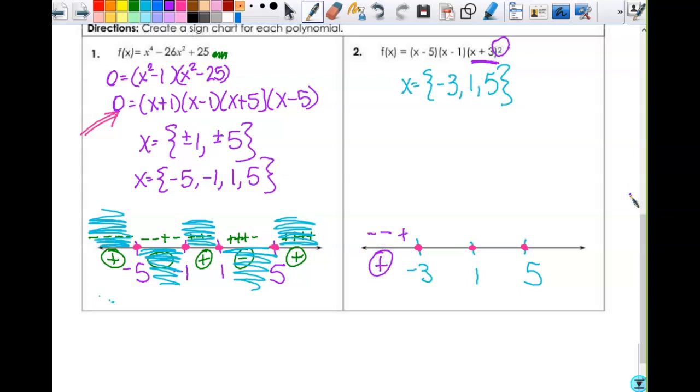Between -3 and 1, I can go with 0. So 0 will give me negative, negative. This gets squared, positive. Overall, it's positive. Between 1 and 5, I can go with 2. So that would give me negative, positive, positive. Overall, I'm negative.